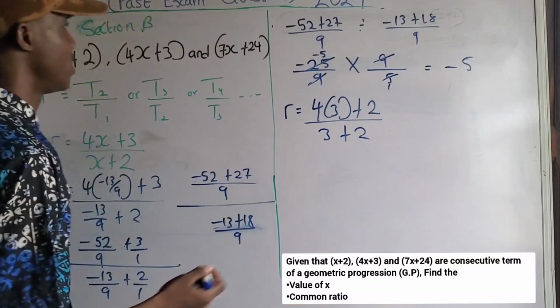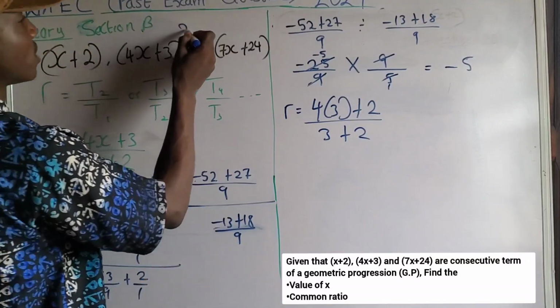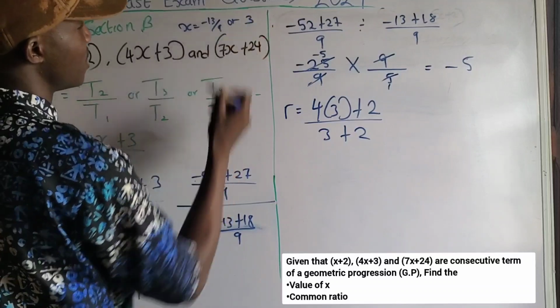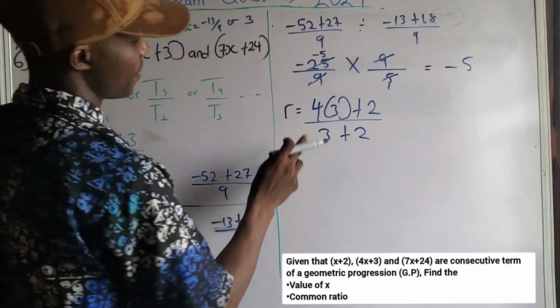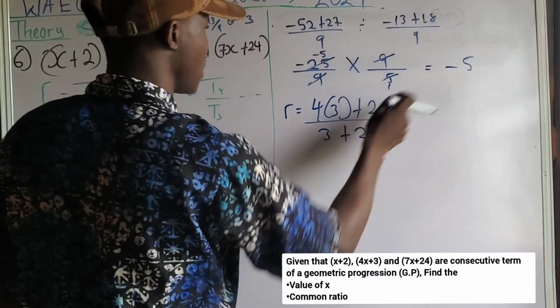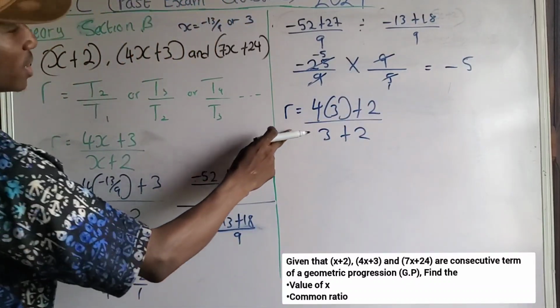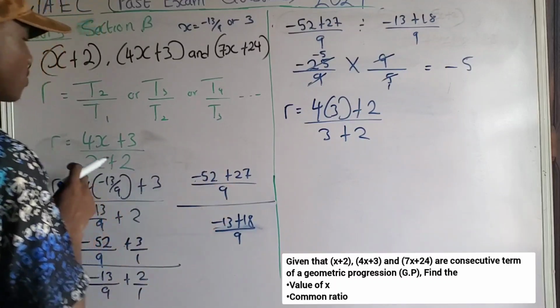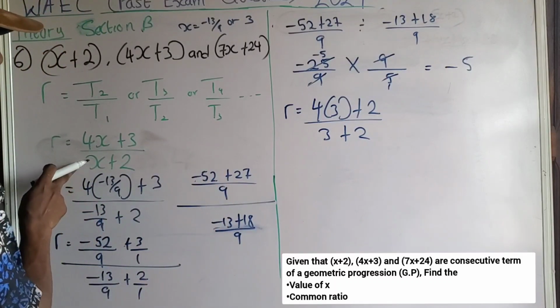Do you understand? Don't forget the value of x. The values of x are what? Negative 13 over 9 or 3. Now, we have already gotten the common ratio when x is negative 13 over 9, which is negative 5. Now, I want to find the value of the common ratio when x is 3. That means that we are going to substitute the value of x as 3 into this.